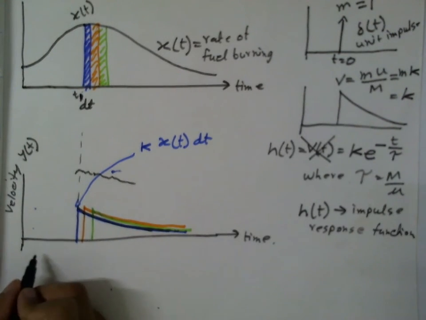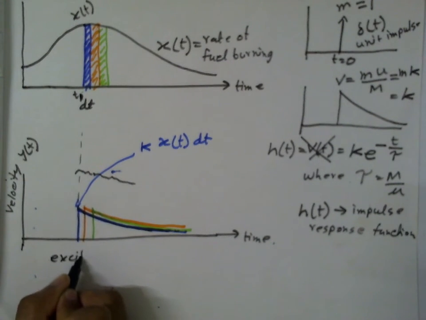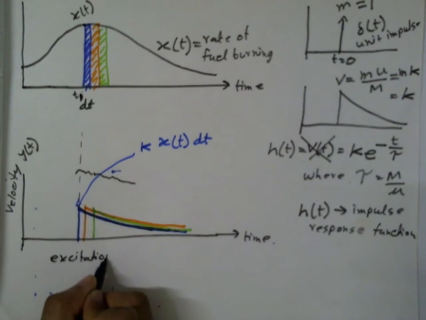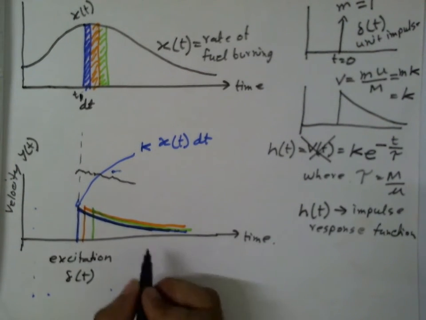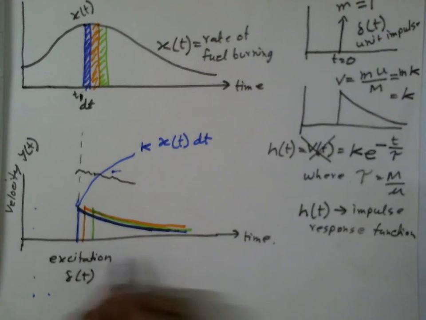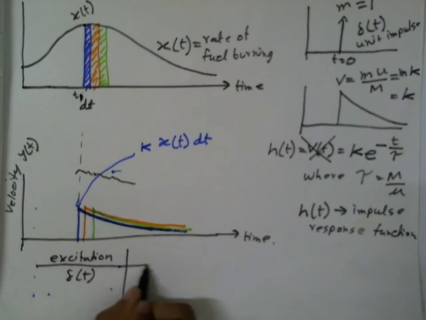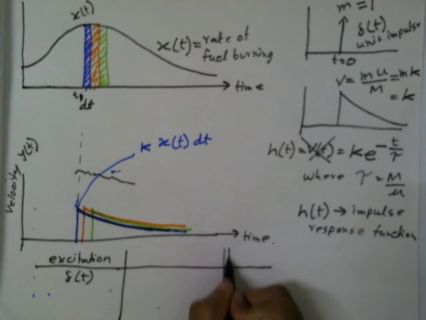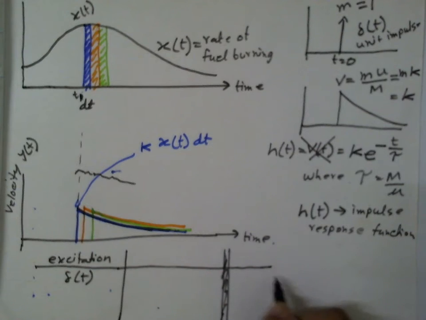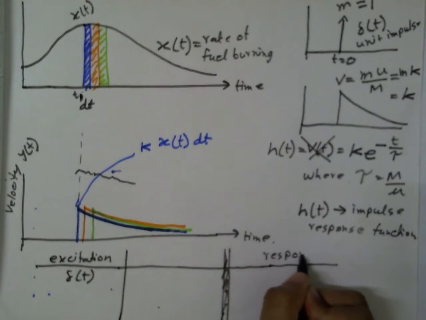So if the excitation is delta t, let me draw the corresponding functions also. And here I have the response.